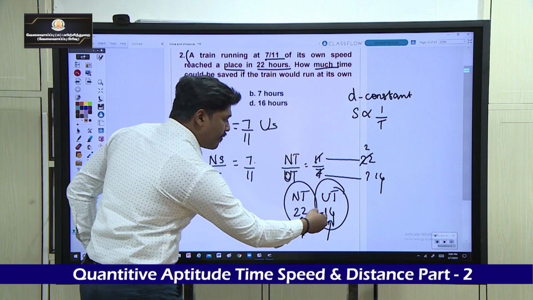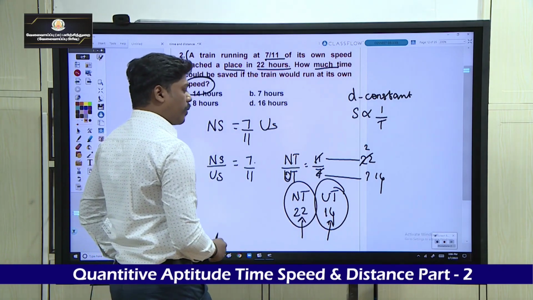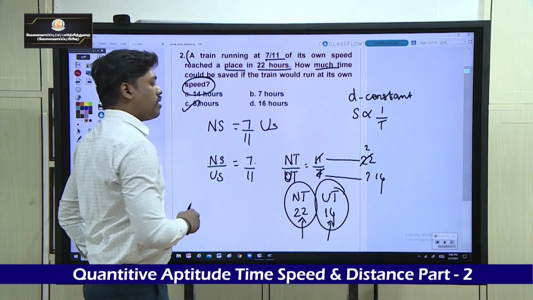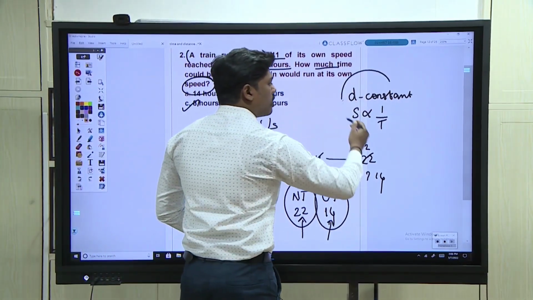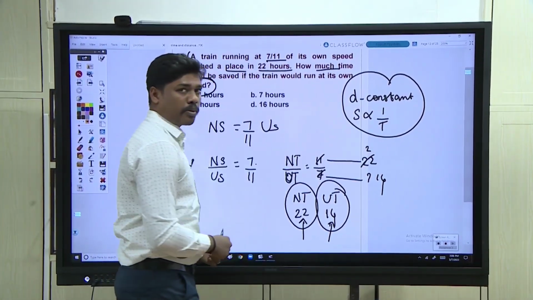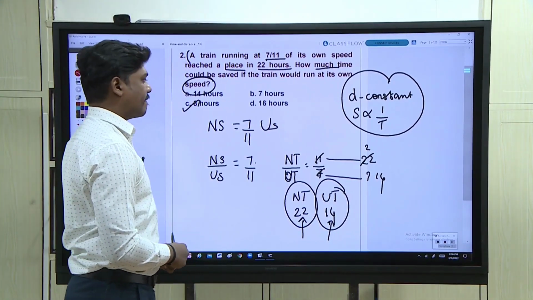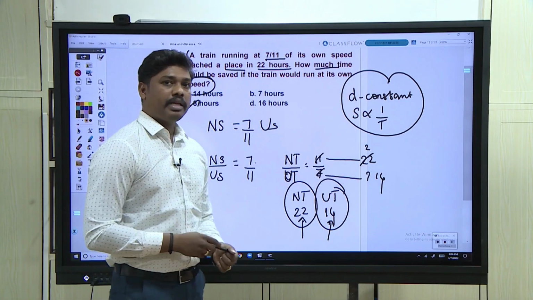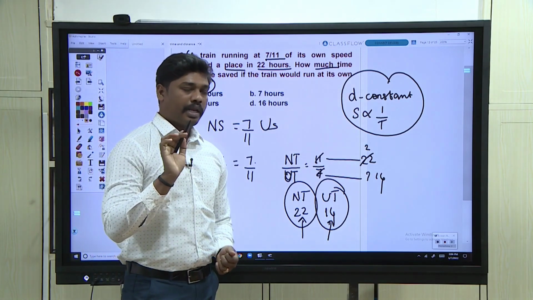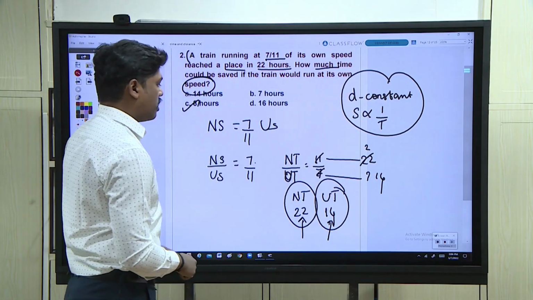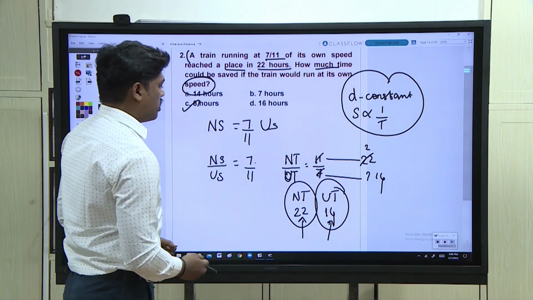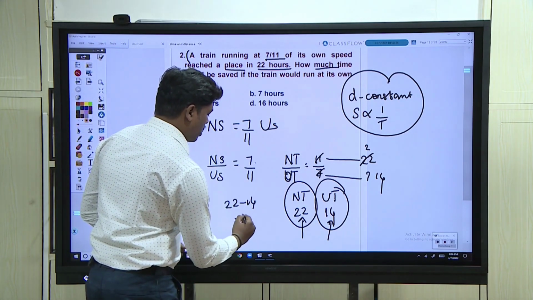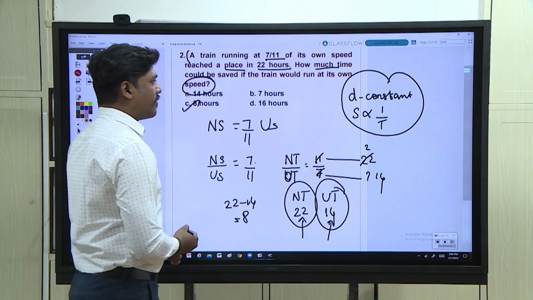So look at the difference in time. 22 minus 14, you will be getting 8 hours. This concept is an important point here. When distance is constant, speed is inversely proportional to time. So 22 minus 14, you will be getting 8 hours. 8 hours he could save.